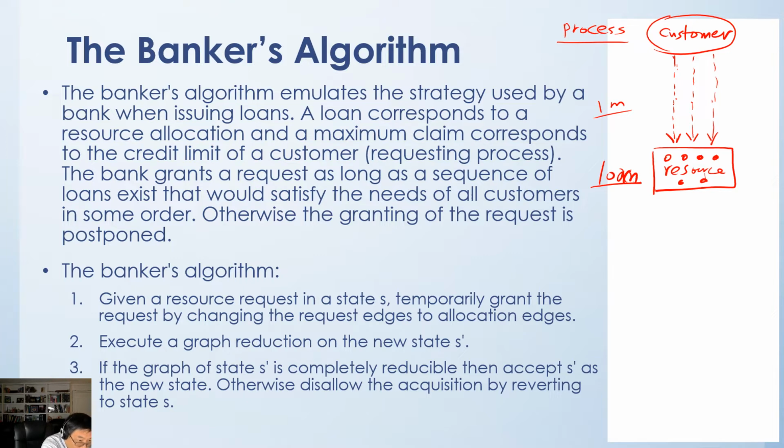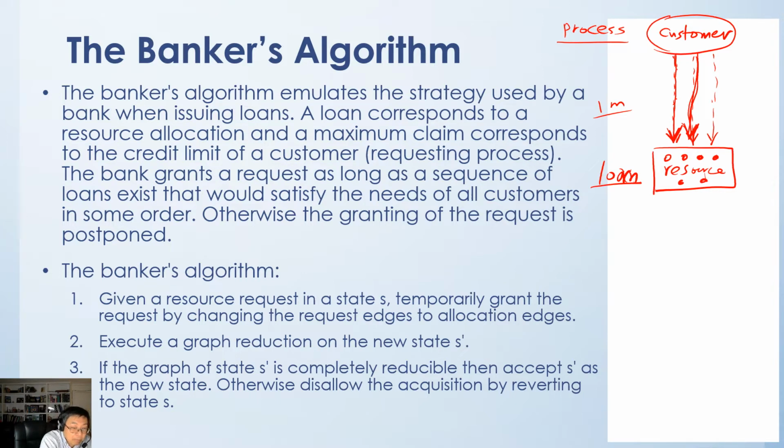When a customer says, okay, I want to borrow $2 million, then you're going to change the claim edge, the dashed edge, into the request edge, because each represents 1 million. So I make a $2 million request.